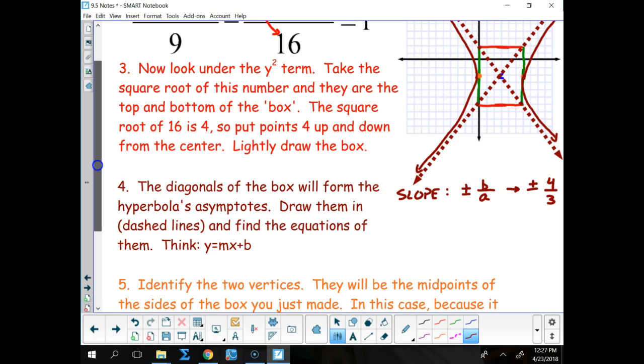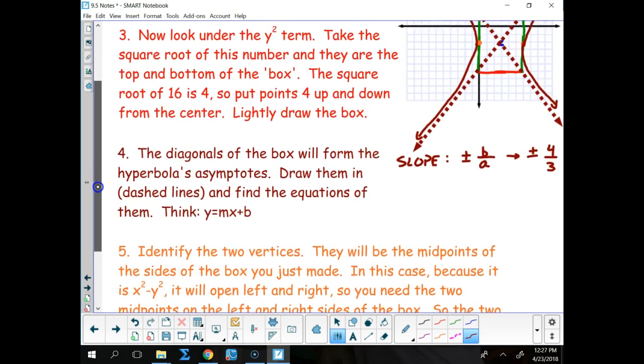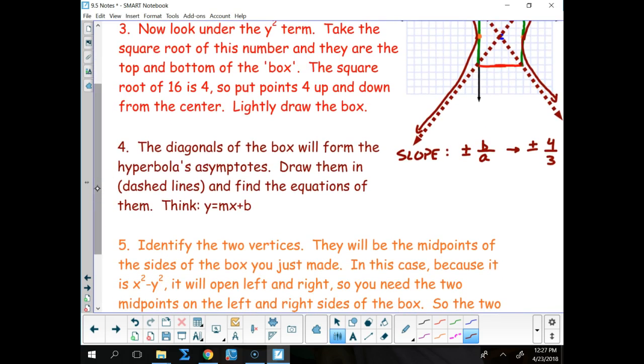We just happened to luck out on this one that the sides of our box were on the y-axis. If we didn't have that, then we'd have to use the center point. The center, remember, was 3, -2.